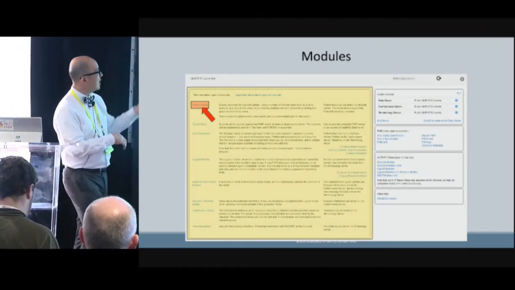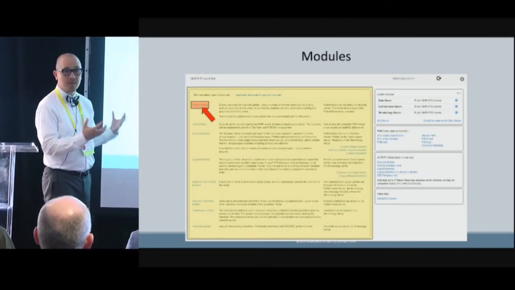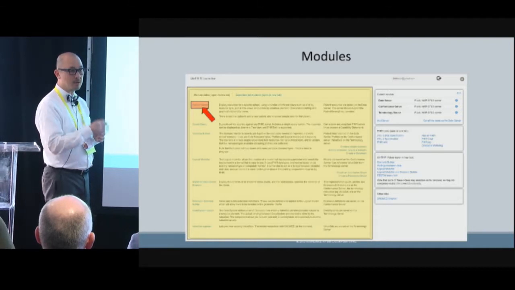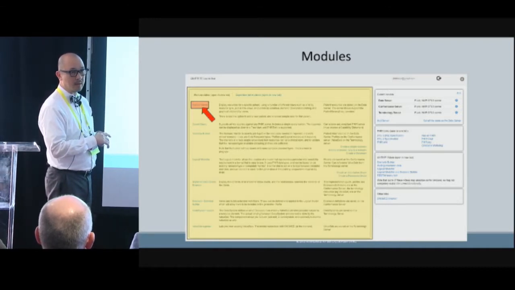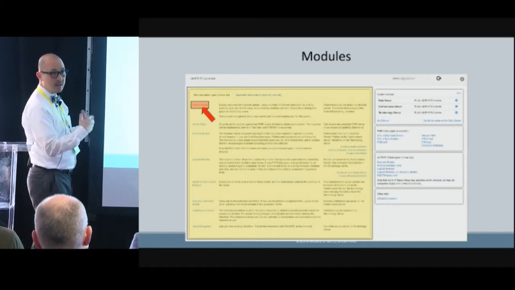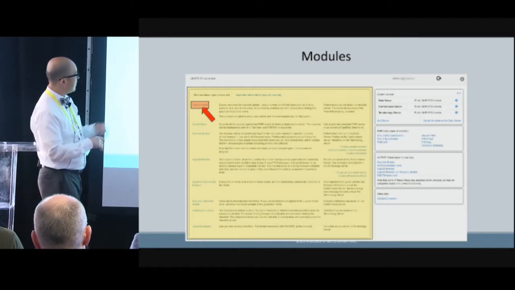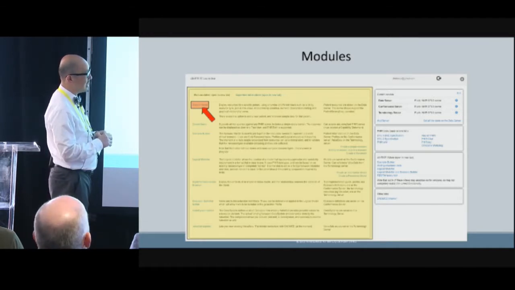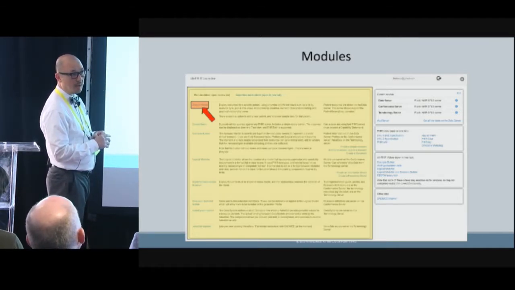So these are the modules. The first one we use is a patient viewer. It's a simple FHIR client where you can connect to the FHIR server, search for a patient by name and identifiers, and then pull them into the client so you can visualize the data. You have a server query, so you can select a server, and it has a little tool to help you write a query.